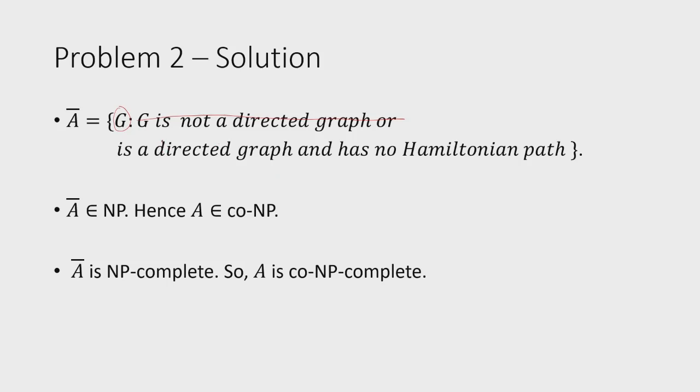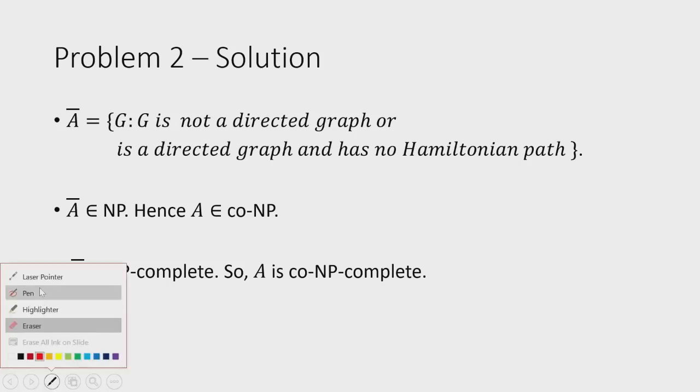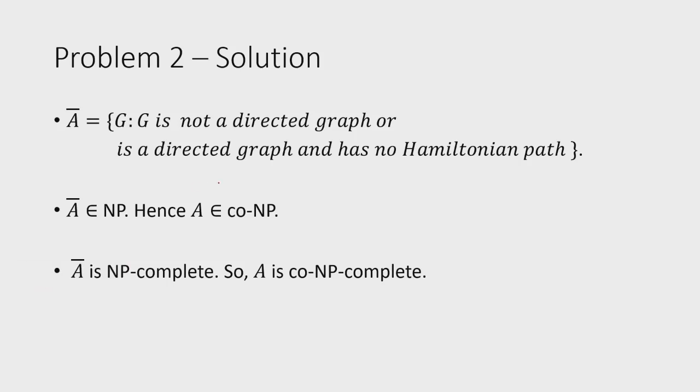So any string which is not of size n squared cannot represent a graph. So that string would fall in this category: G is not a directed graph. So if it is not a perfect square, then how will it belong to NP then?